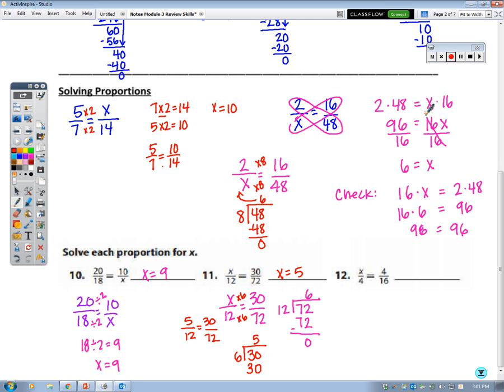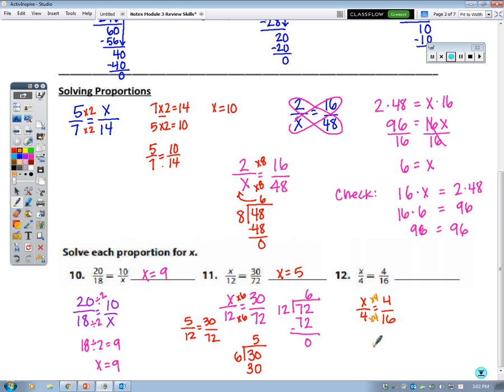And this last one that we're looking at here is x over 4 equals 4 over 16. This one's a little bit simpler. So 4 times what gives me 16? 4 multiplied by 4. So 4 times 4 is 16. Something times 4 gives me 4. What times 4 gives me 4?